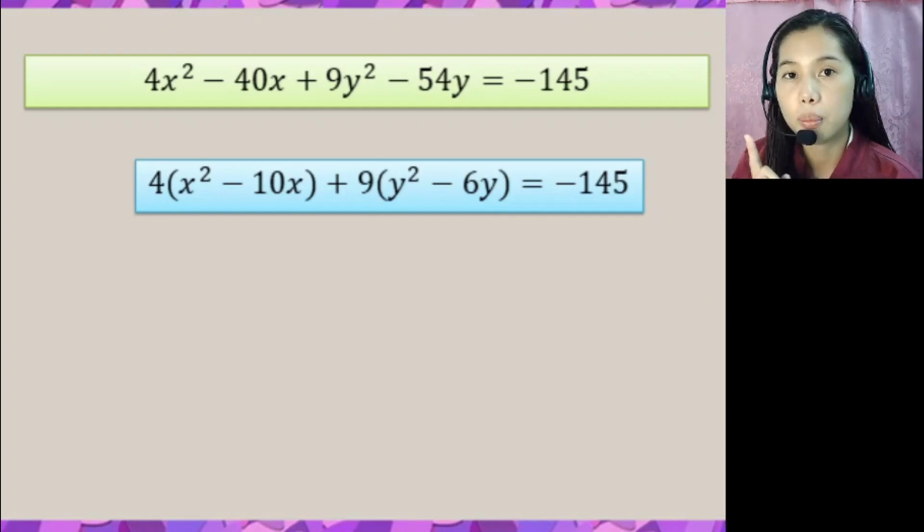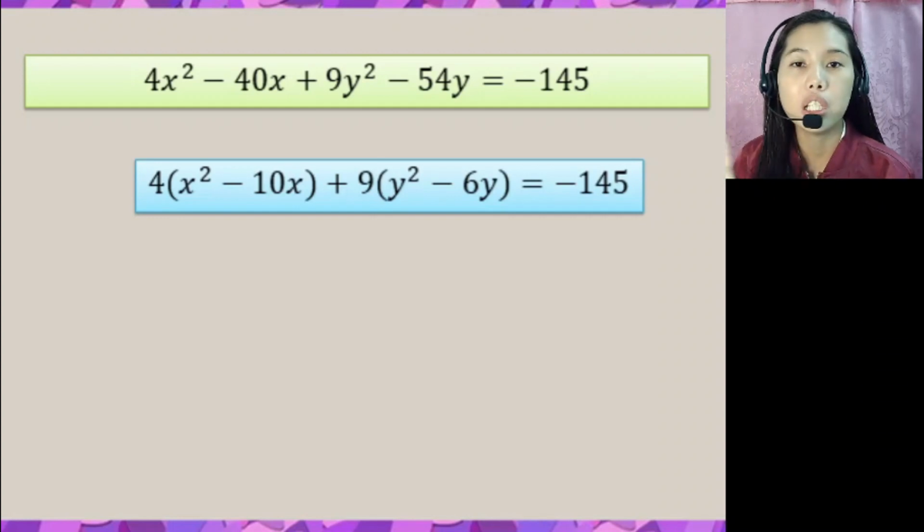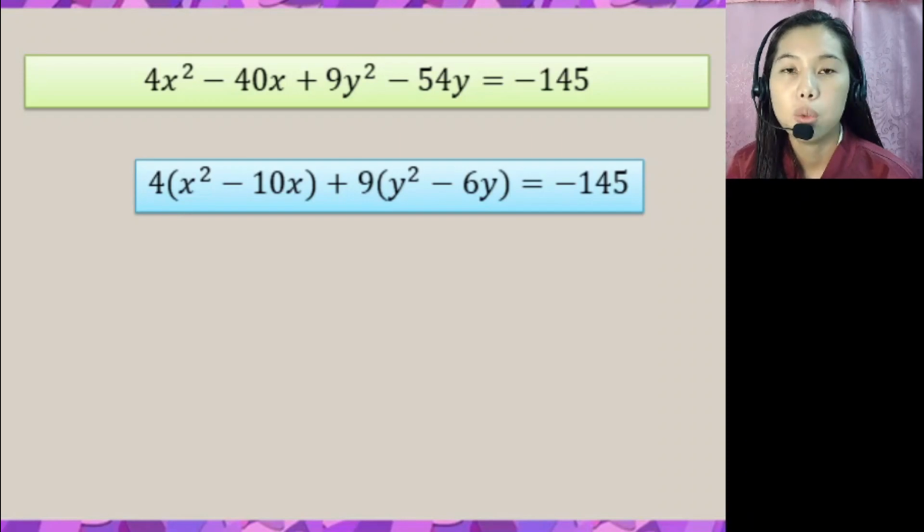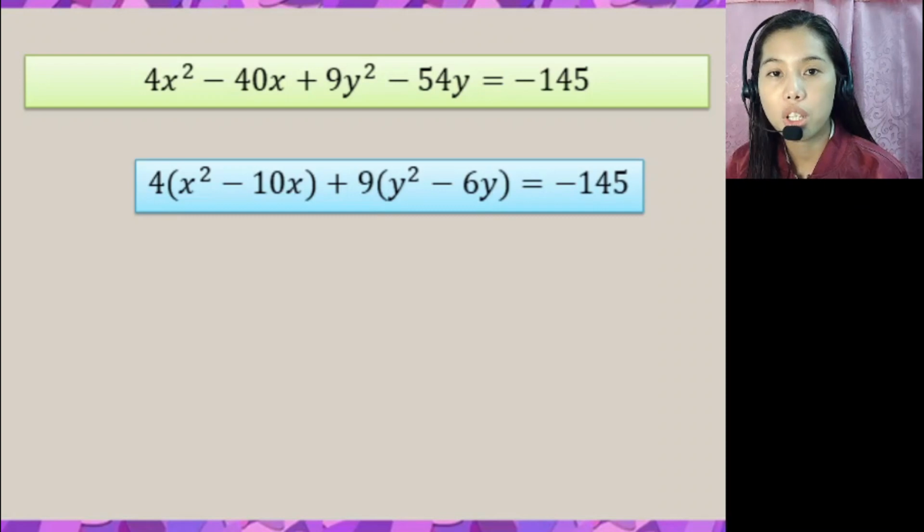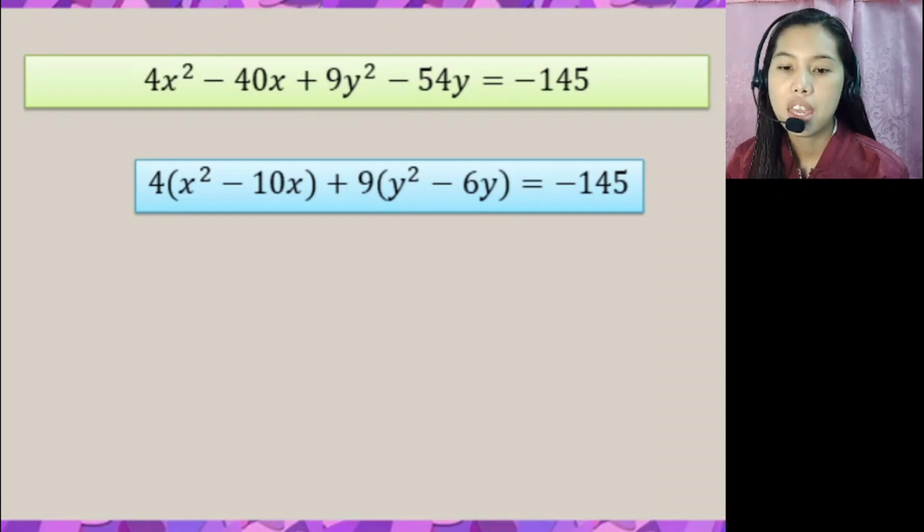Now remember, to complete the square, all we have to do is look for the linear term, divide it by 2, and square it. That means negative 10 divided by 2 is negative 5. Negative 5 squared is 25. And negative 6 divided by 2 is negative 3. And negative 3 squared is 9.